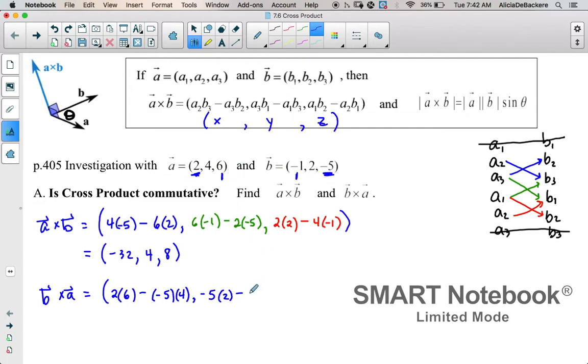So we've got negative 1 times 6. And then the last one, the z component: we've got A1 times B2, but we switch the letters, so B1 times A2. Then we'll subtract B2 times A1.